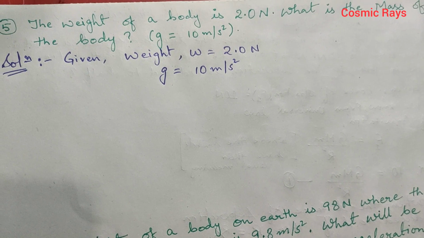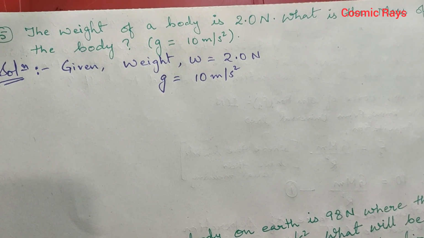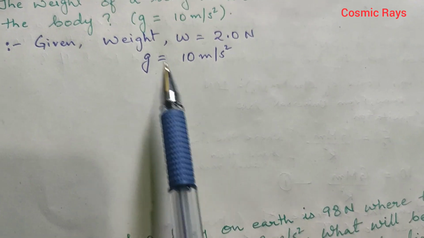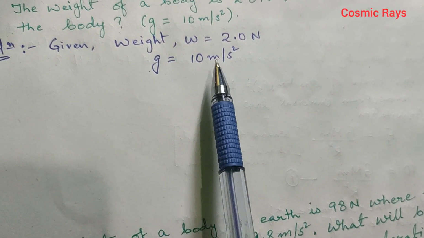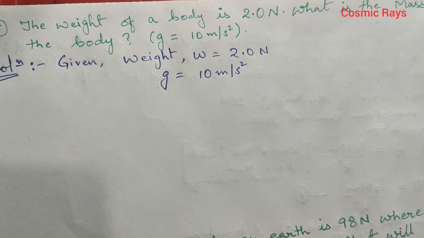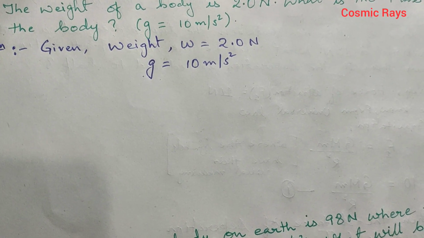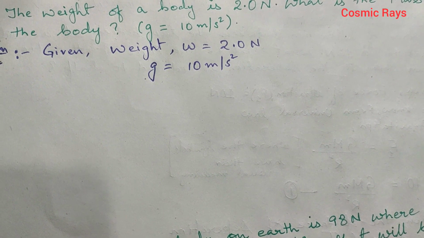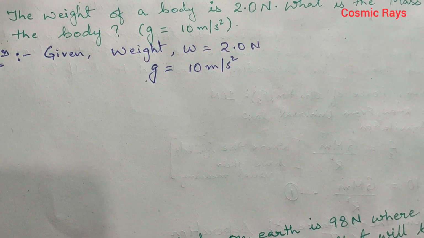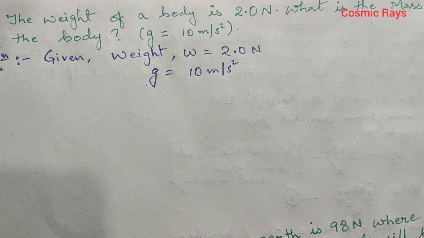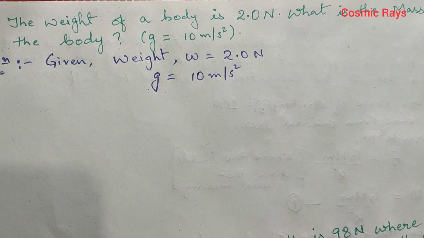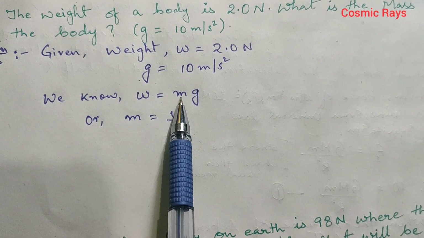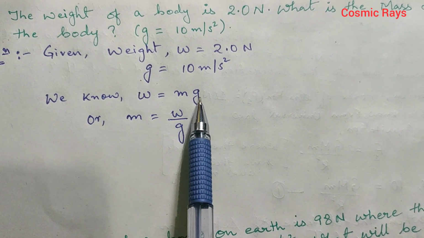So it's given that the weight of the body, that is W, is equal to 2 Newton, and acceleration due to gravity is equal to 10 meter per second square. We know the relation weight is equal to mass multiplied by acceleration due to gravity. So we have weight given to us and acceleration due to gravity given to us. So from that equation we can find out the mass. So we have written that weight is given as product of mass and acceleration due to gravity.